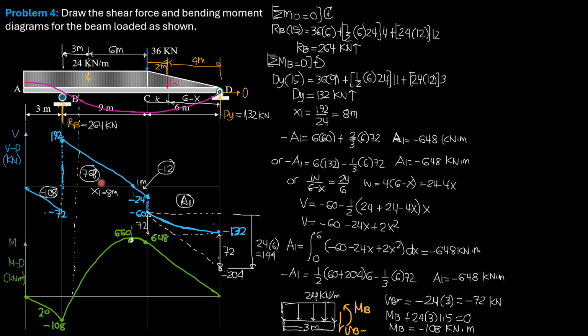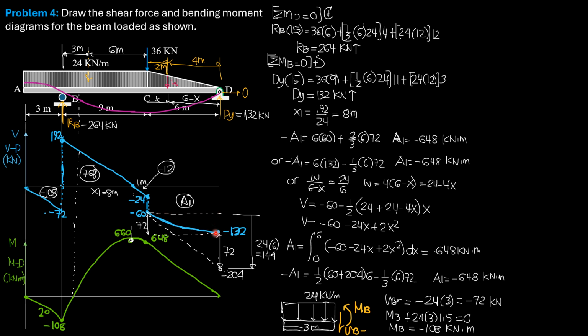Then, for this area, this is just 1/2 of 8 meters times 192, so 768. Therefore, the area of this right triangle is negative 1/2 of 1 times negative 24, so negative 12.